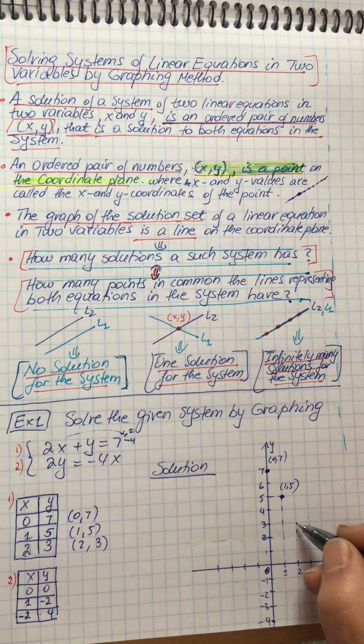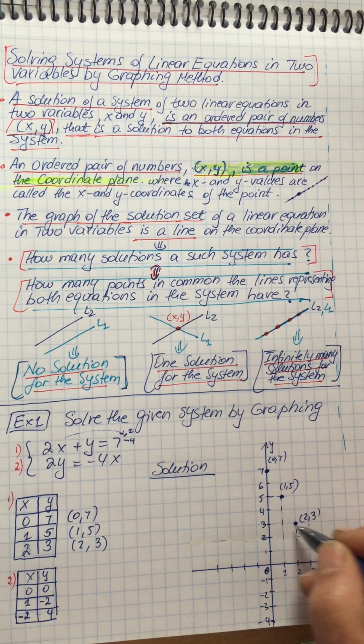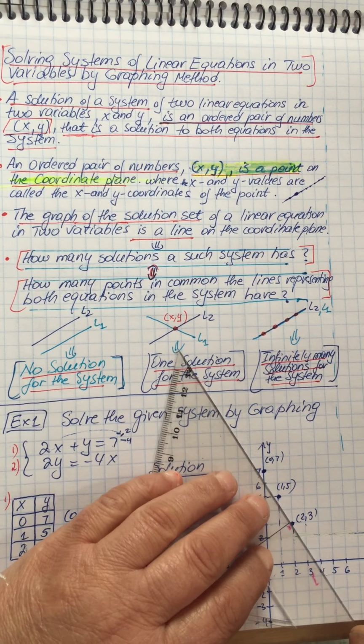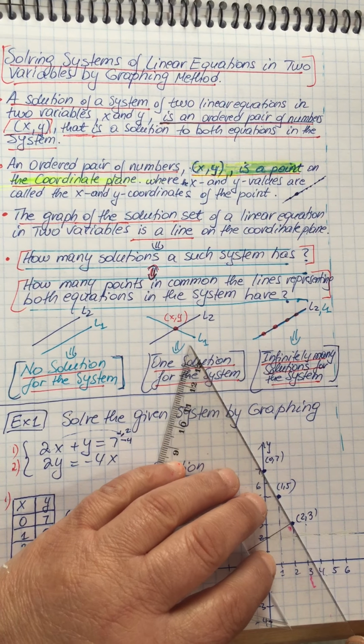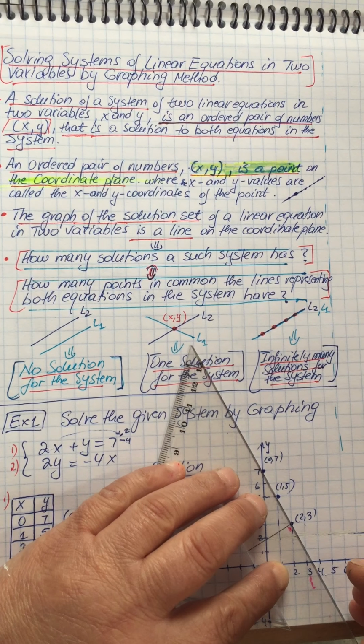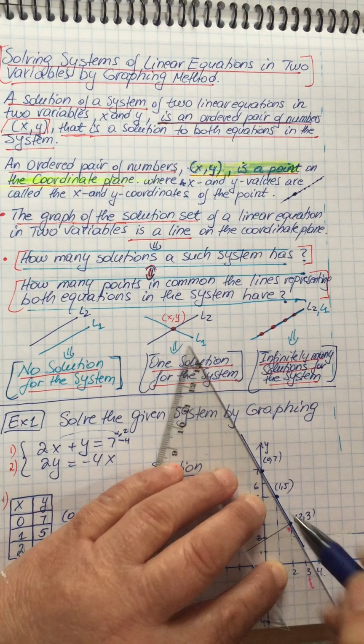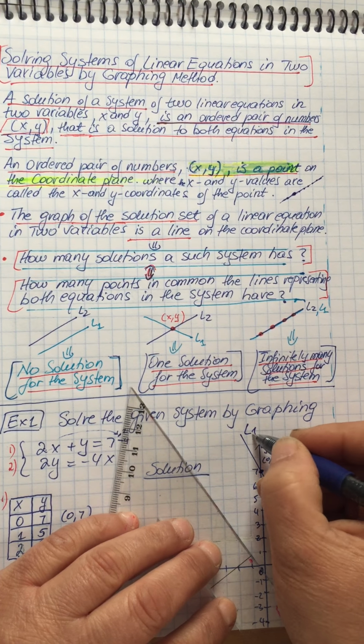Now 3 points will give me the line that represents the first equation, which is the graph of all solutions of the first equation. Let's name this L1.